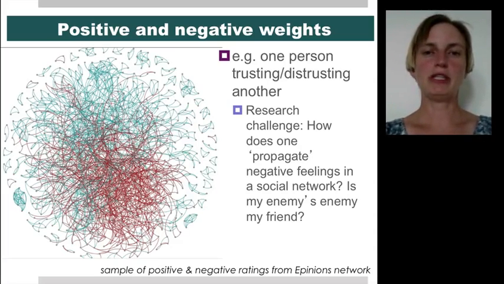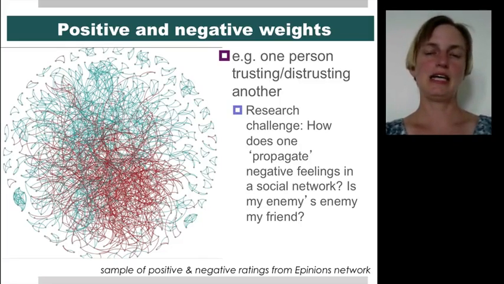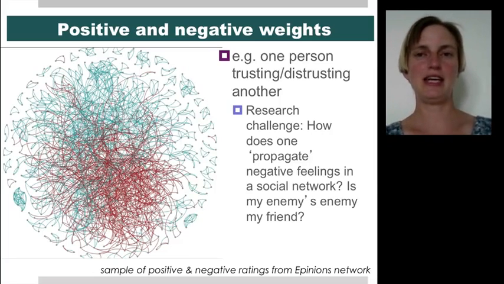Now, in this fragment, you can see that there's a negative community of lots of people distrusting one another that's tied to a community that primarily trusts. And there are very interesting research questions around this. For example, if you look at sets of three people, is it true that an enemy of an enemy is my friend or not? How does this play out in the data?